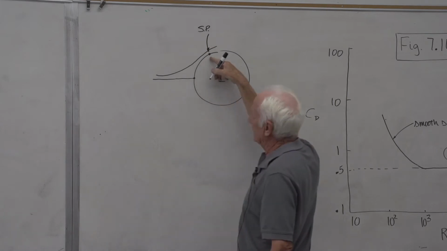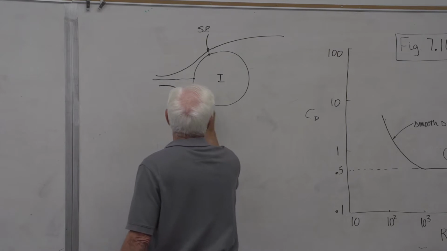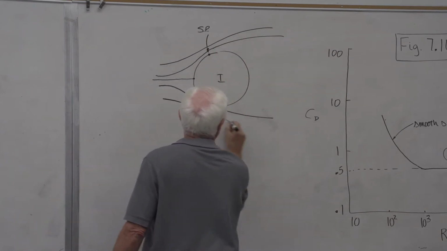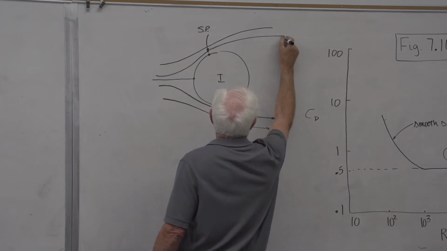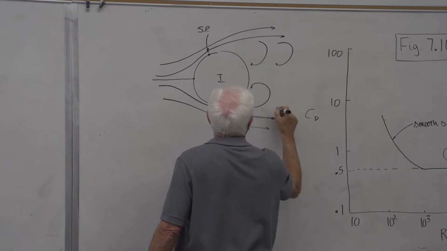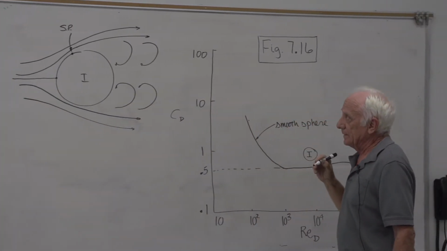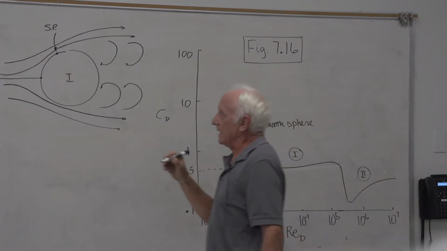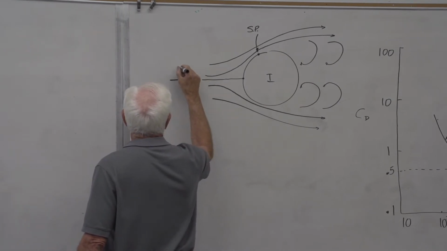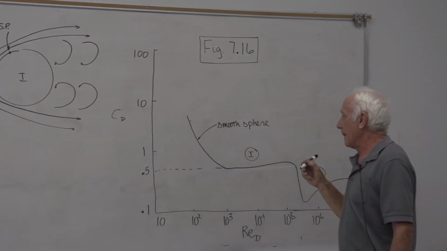Once the boundary layer separates from the surface, we develop a very large wake region behind the sphere. So it looks something like this. And that creates considerable drag. That large wake region creates drag, and of course the velocity approaching here is u. That's where we are here, okay?